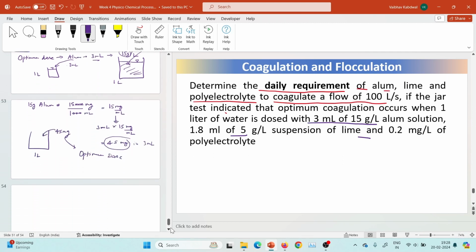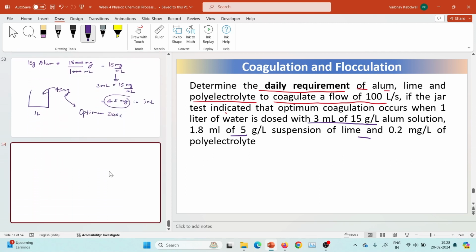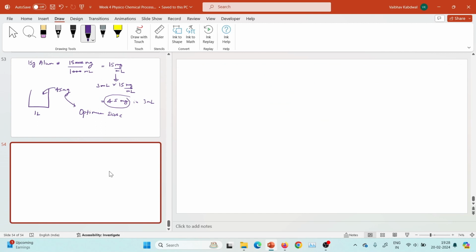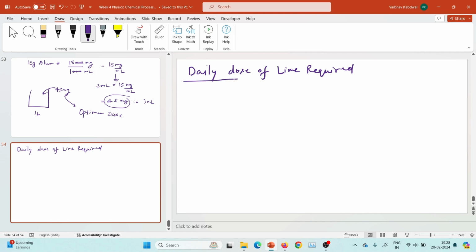Let's calculate one by one. Daily dose of lime required. Let's see. First, let's calculate the daily flow.